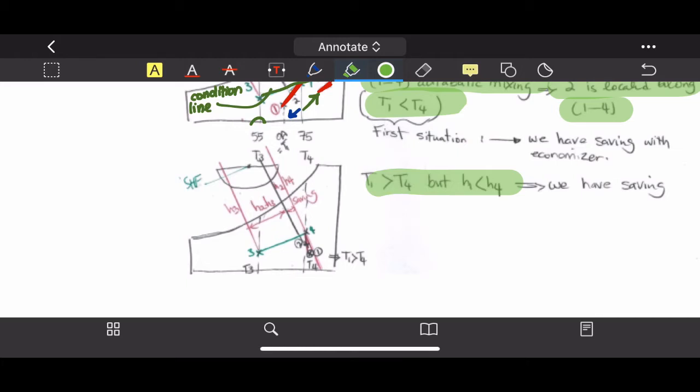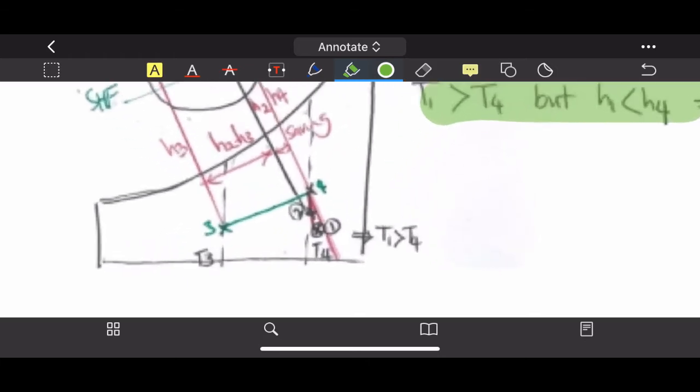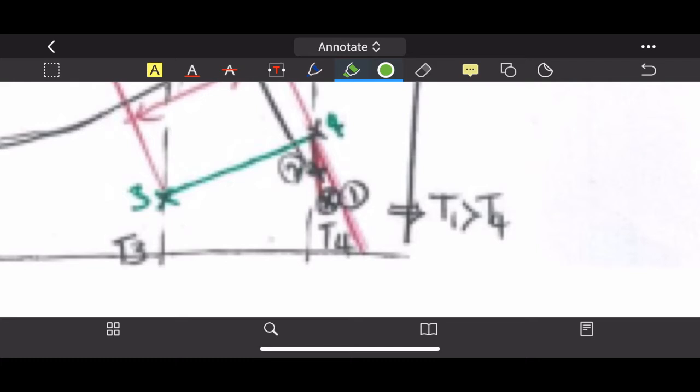How to do this? To do this, we must make sure, if I can increase this, T1 is not that clear, yeah? T1, so this is the line, right? The line is maybe slightly like this, towards the right.